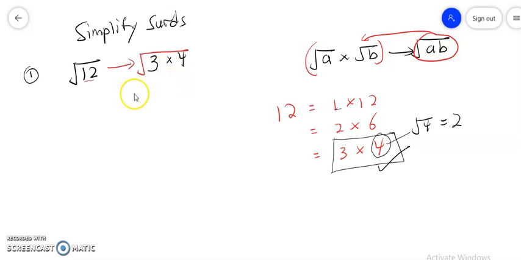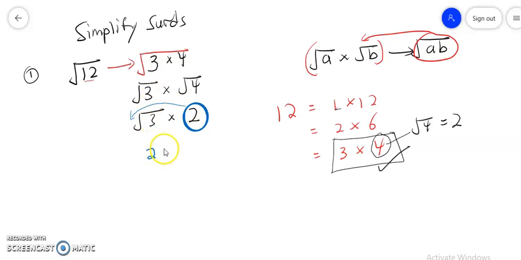What happened next is we can separate this into square root 3 multiply with square root 4, and it becomes square root 3 multiply with, we can actually solve this square root 4 to become a 2. We will normally write the numbers in front of this square root, and we become 2 square root of 3.